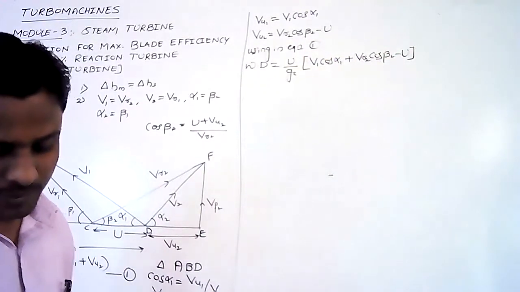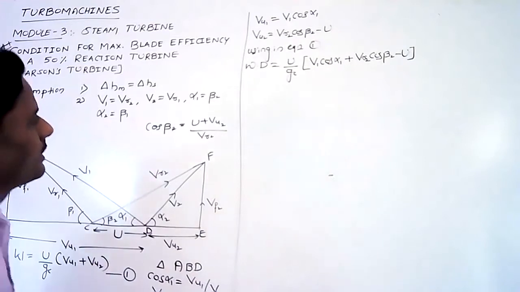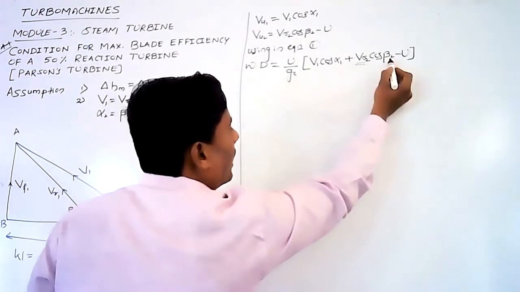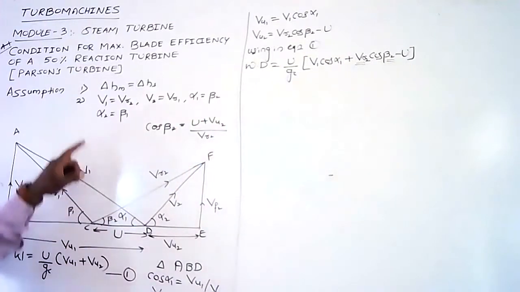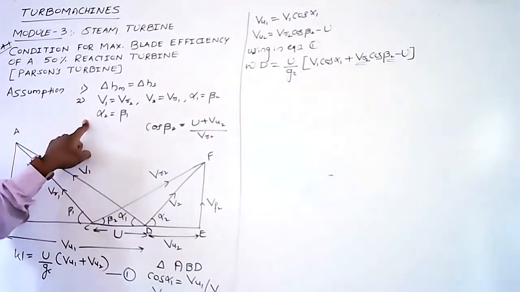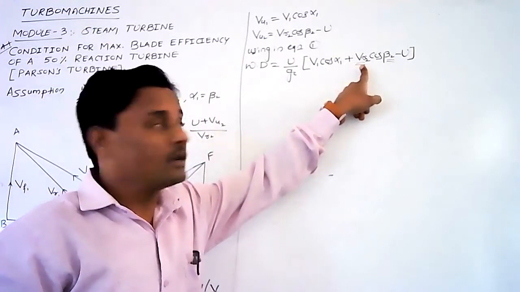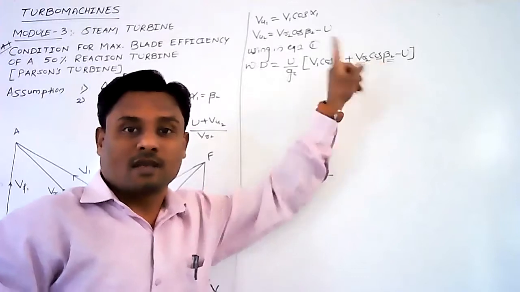Now in the next step, we already know Vr2 equals V1 and beta 2 equals alpha 1, from the assumption for the 50% reaction turbine. So Vr2 can be written as V1 and beta 2 can be written as alpha 1.